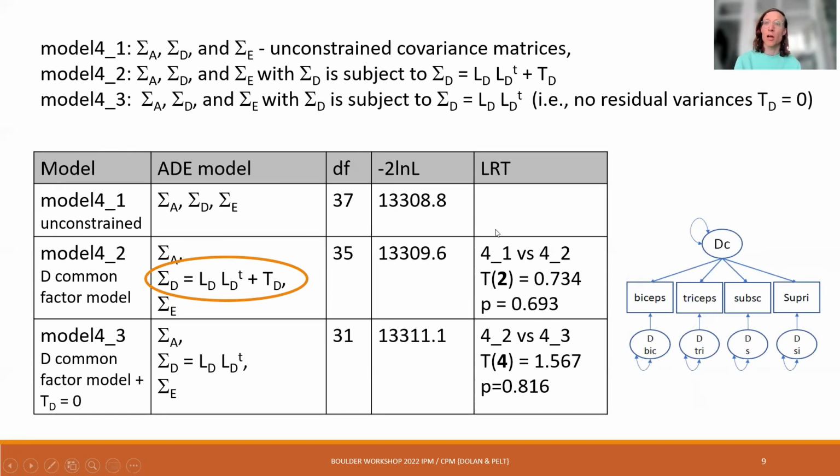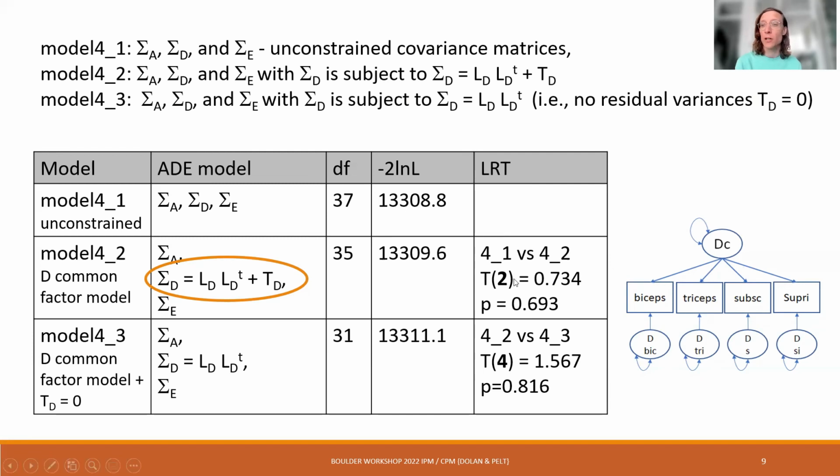And remember, in the previous video I said that in the unconstrained ADE model for each variance component matrix, we then have 10 elements we estimate. If we apply the common factor model, in this case on the dominant genetic effect, then we only estimate 8 parameters, right? So 10 minus 8 is 2, a difference in 2 parameters between these models.